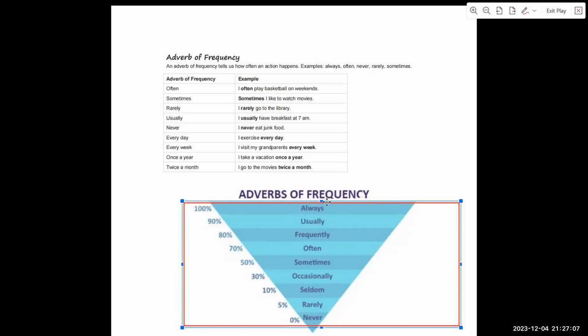Which word do you usually not use? Seldom, occasionally.